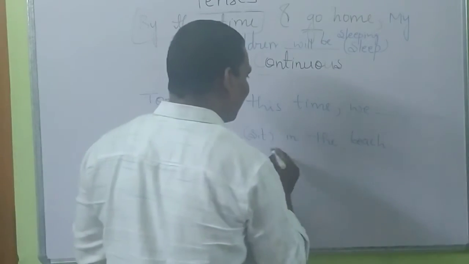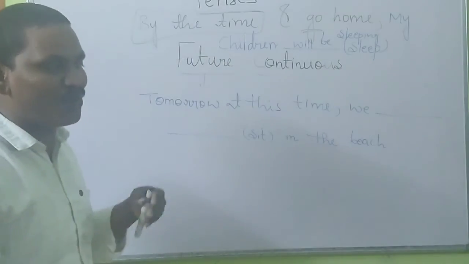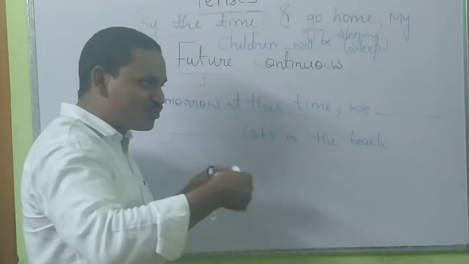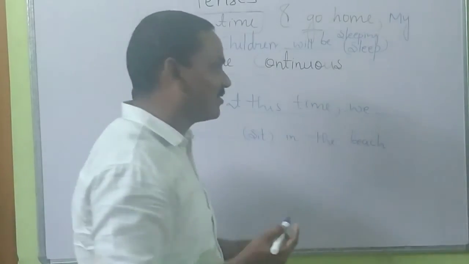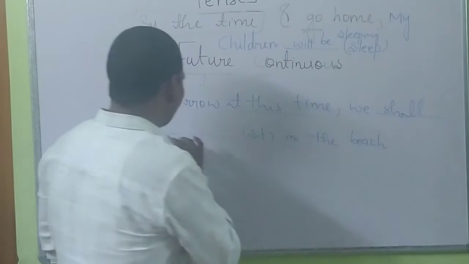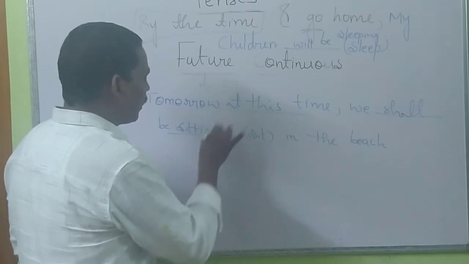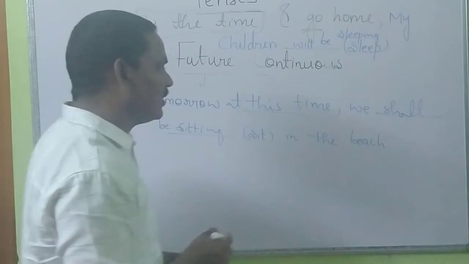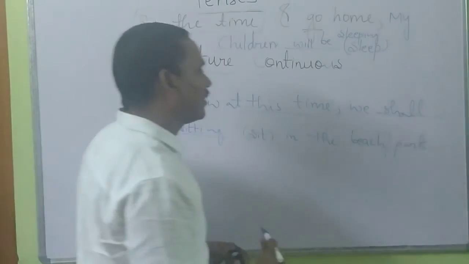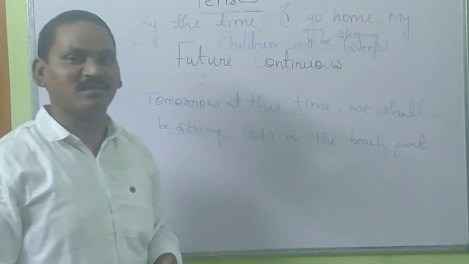So how can we write it? Tomorrow at this time means an action will be going on at this same time tomorrow. So we shall be sitting in the beach, or we shall be sitting in the park. Like this, we can consider these into future continuous tense.